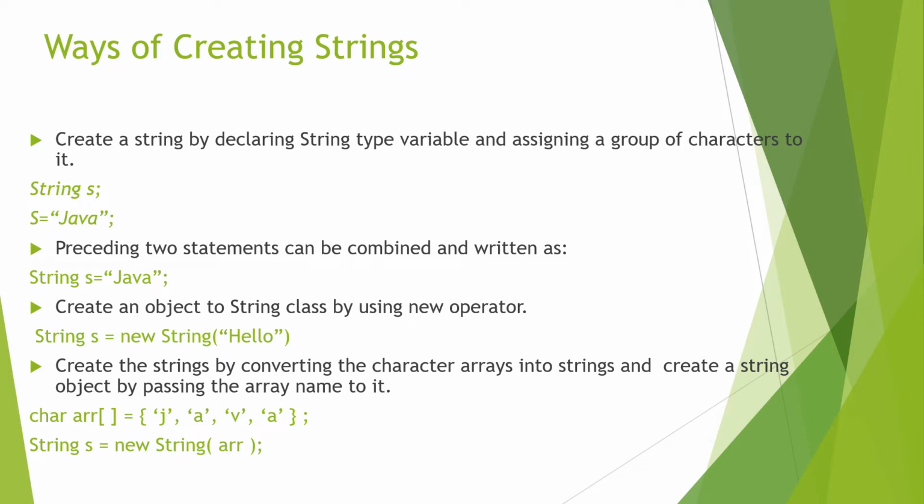So char arr[] = {'J','a','v','a'}, so Java, j a v a, and then String s = new String(arr). So we are assigning that above character array inside the new String.